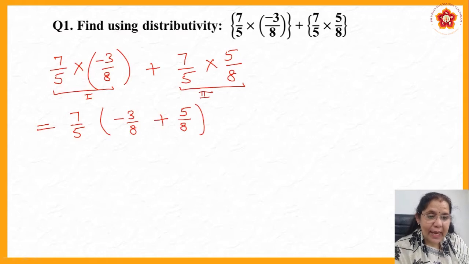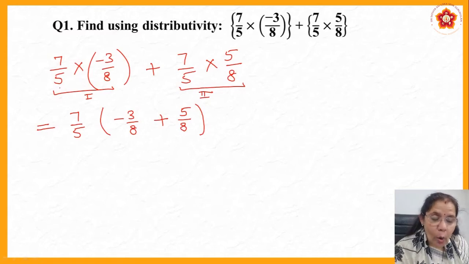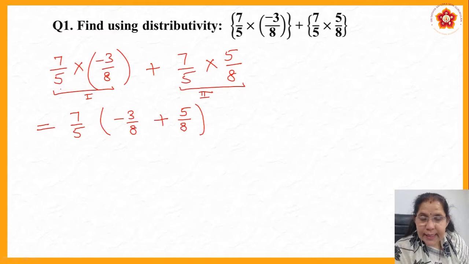Please look at this step again. In both the terms, there are two terms which are separated by addition sign. In both the terms, first identify which rational number is common. So here we have seen that 7 upon 5 is common. So take 7 upon 5 outside and then start with a bracket.